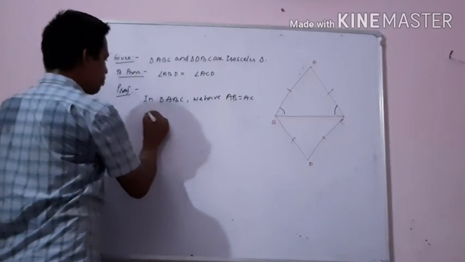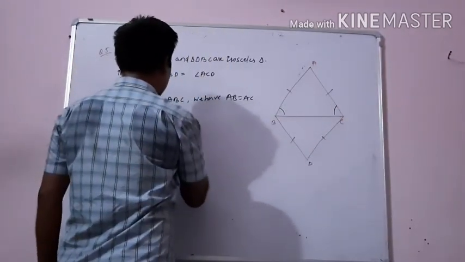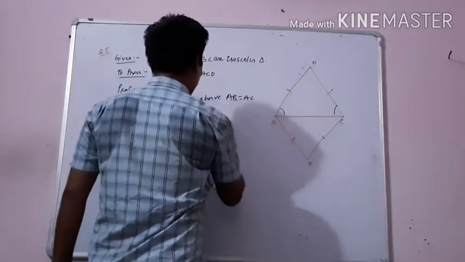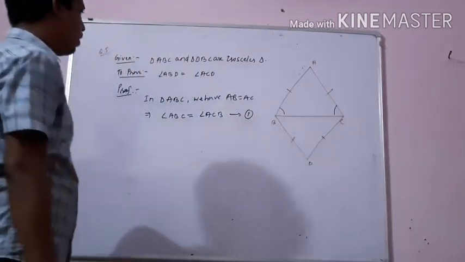So this will imply angle ABC equals angle ACB. This is point number 1.